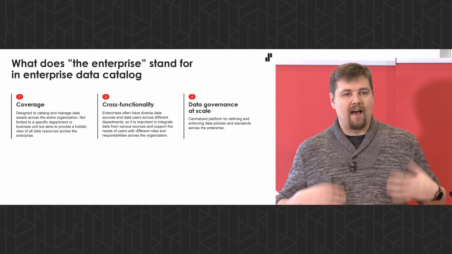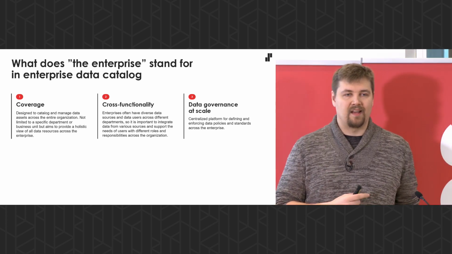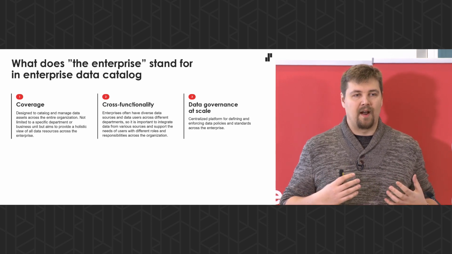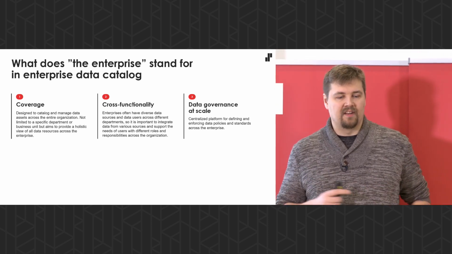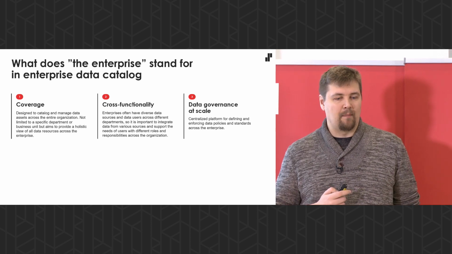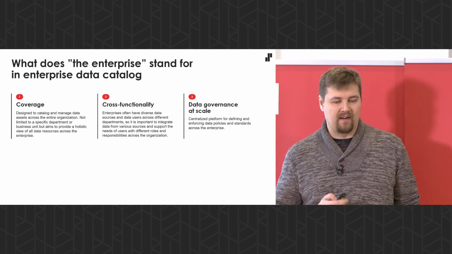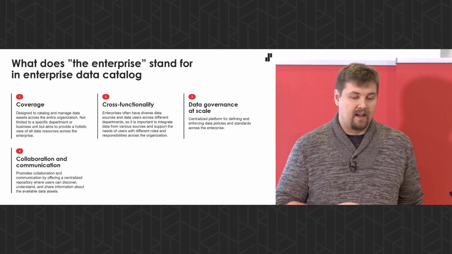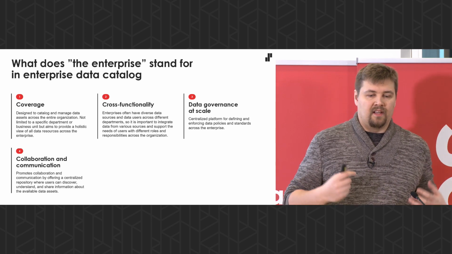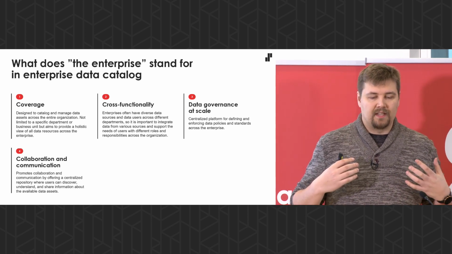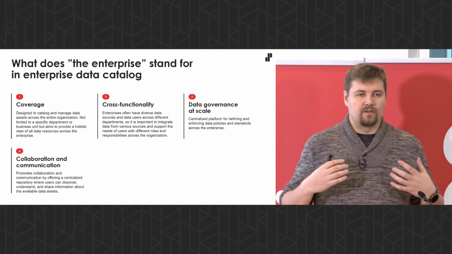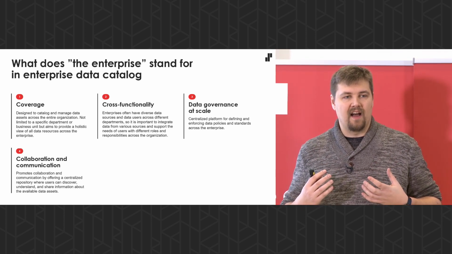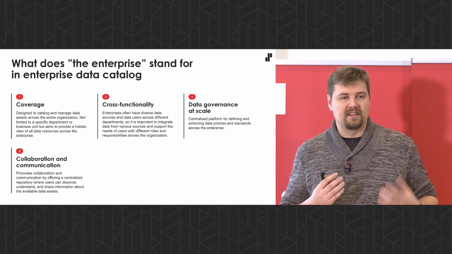Then we need to have data governance at scale. So there are some policies and standards that are applied to everyone, even in a big organization. We need to be able to apply those everywhere they are applicable. Then collaboration and communication. We need to be able to collaborate within a single business area, but also across the different business areas.